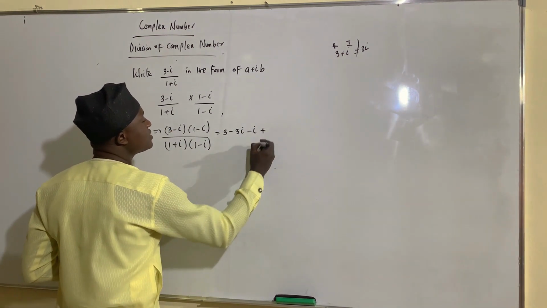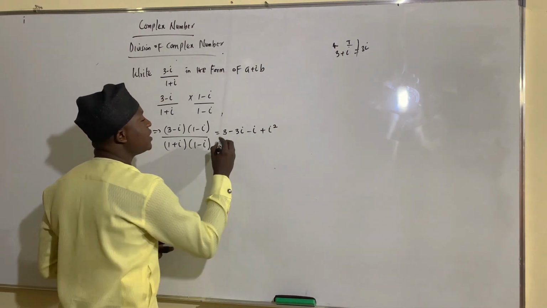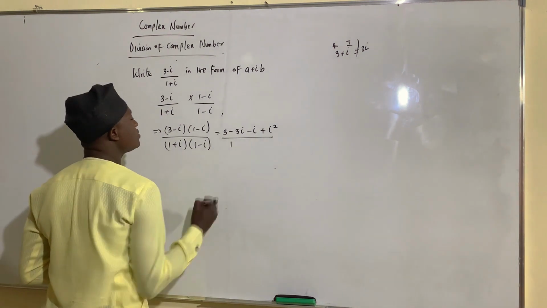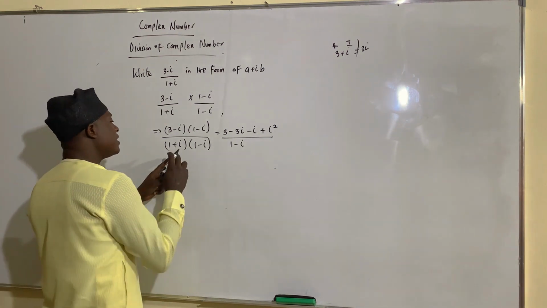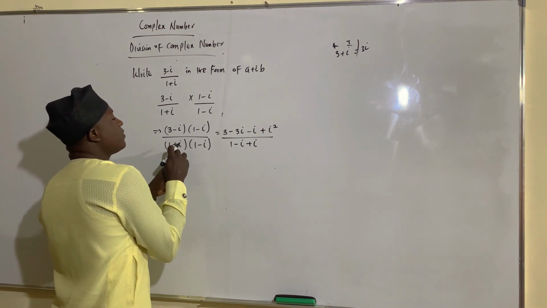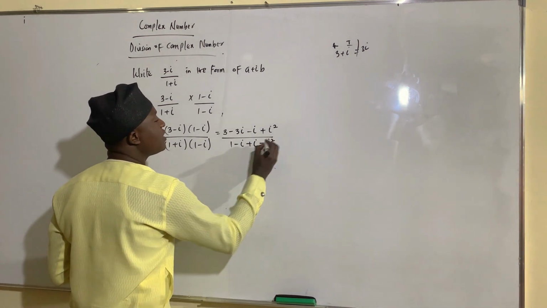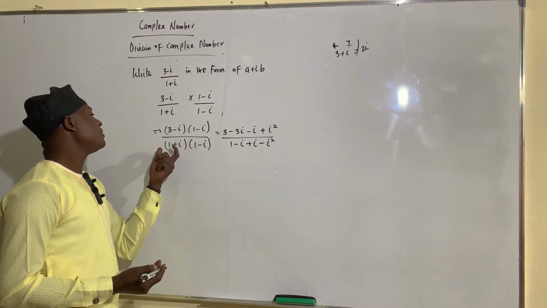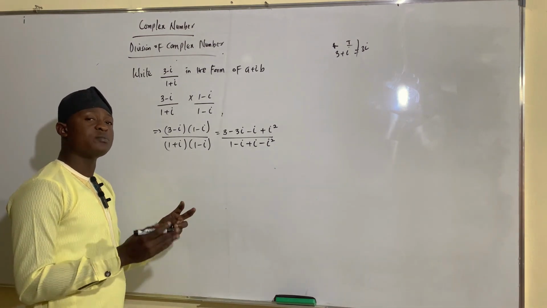Then minus times minus is plus, i times i is i squared, all divided by, in the denominator, 1 times 1, that's going to be 1. 1 times minus i is minus i, plus i times 1 is plus i. Then plus times minus is minus i times i, we are going to have minus i squared. It's just simple arithmetic, using the first term to multiply the first and second terms, just a simple expansion.